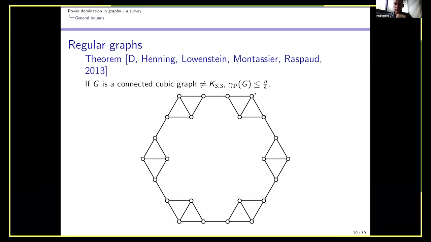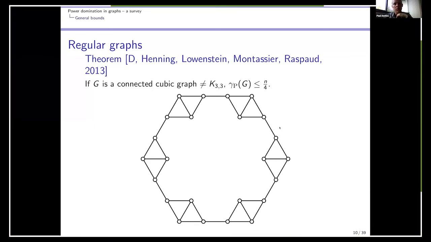And this bound is also tight, and this is one example of a graph. There are many graphs where this bound is tight, but this is an example of a graph where it is tight. And the proof of the tightness is a bit similar, because you can just remark that if you take a set of 4 vertices like this, if you don't pick a vertex in the power dominating set among these 4, then you may dominate the 2 extremities, but you will not be able to propagate to the 2 middle ones.